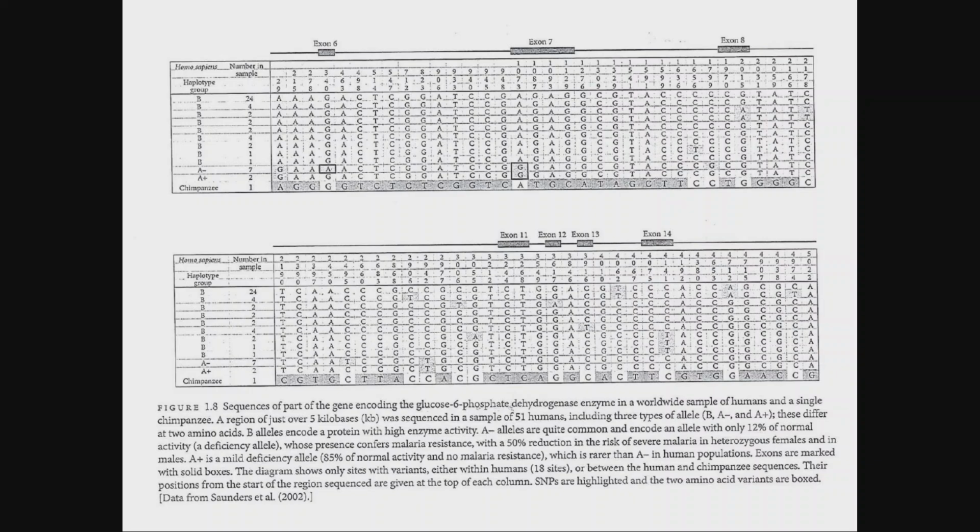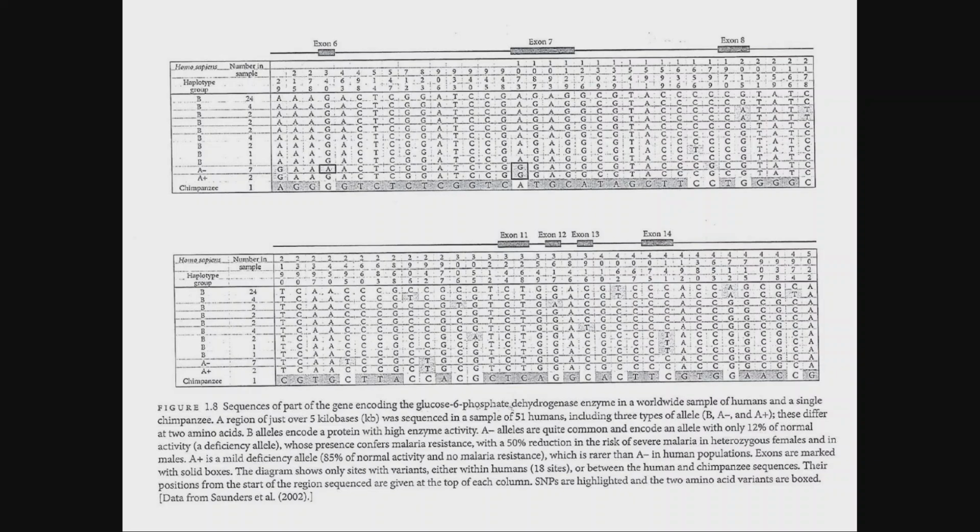Introns in genes are spliced out, right? They don't make it into the polypeptide. And here, for also the A minus allele, there's a second amino acid variant at this position where the A minus allele has a G, but everyone else has an A. And so that distinguishes the A minus sequence or allele from the B haplotype, for example.